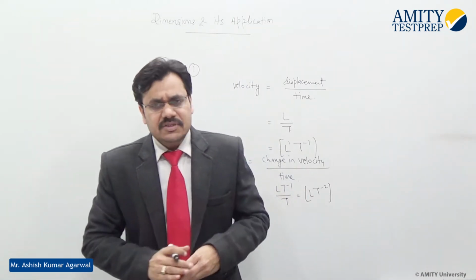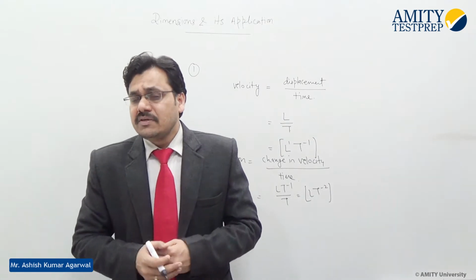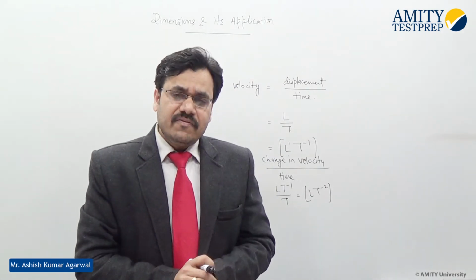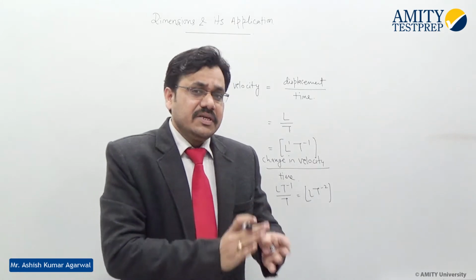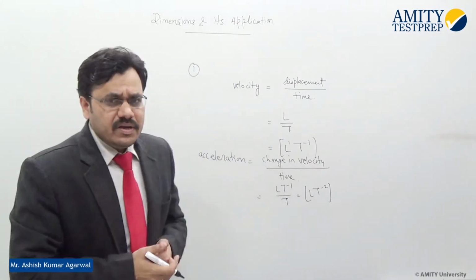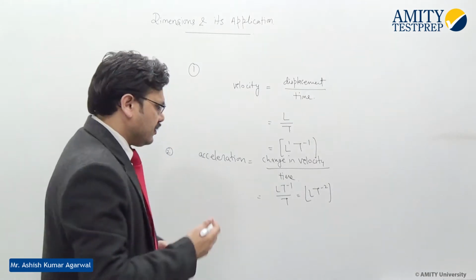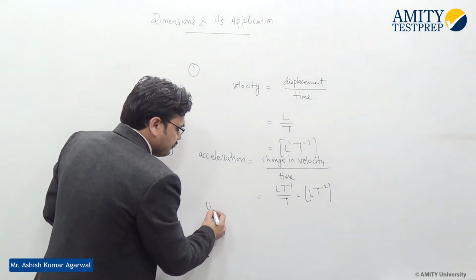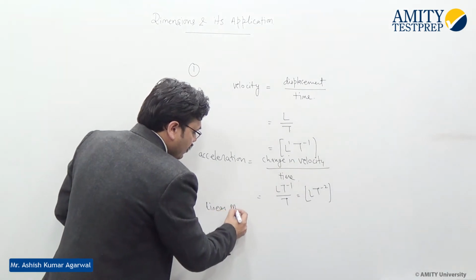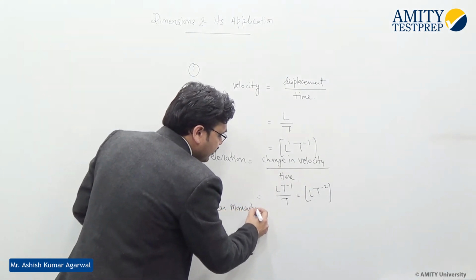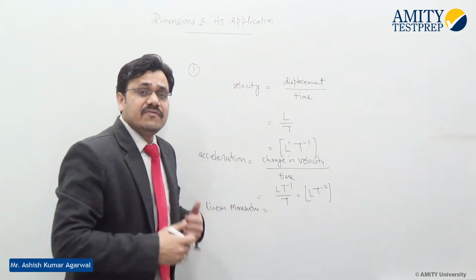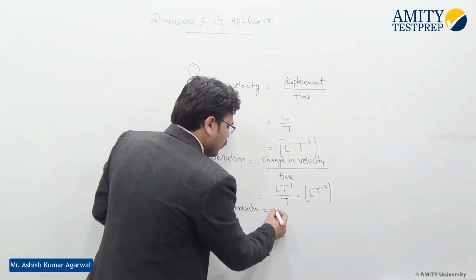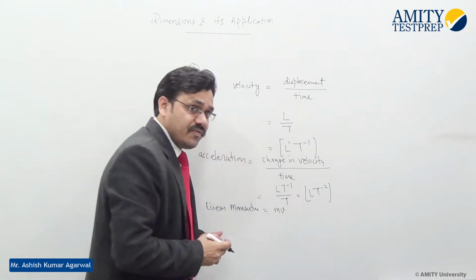In a similar process, whatever the physical quantity given to you, you can find out a dimension formula for it. Suppose we take another example, linear momentum. It is defined as the product of mass and velocity, so I have written here m into v.